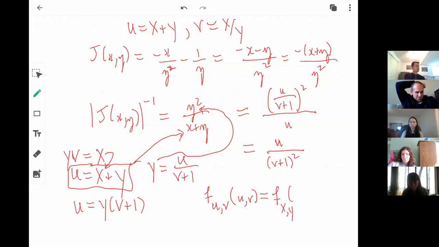I'll just write X in here. We know what X is. I could solve for X by taking U minus Y. But it's going to be X and then Y, whatever Y is. And then I have to multiply by this Jacobian, which is U over V plus 1 squared.